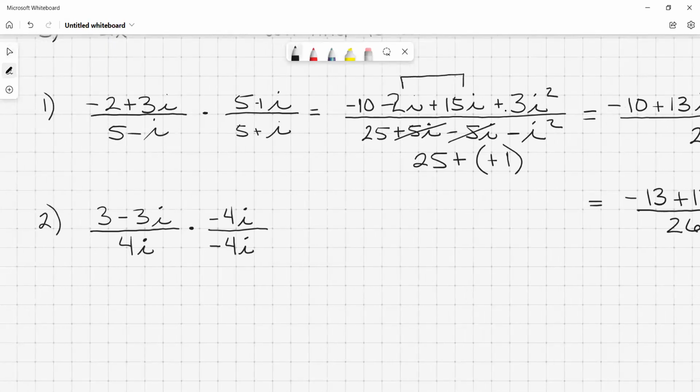All right, so number 2 here in the numerator, distributive property again. 3 times negative 4i is negative 12i. Negative 3i times negative 4i, that's positive 12i squared.